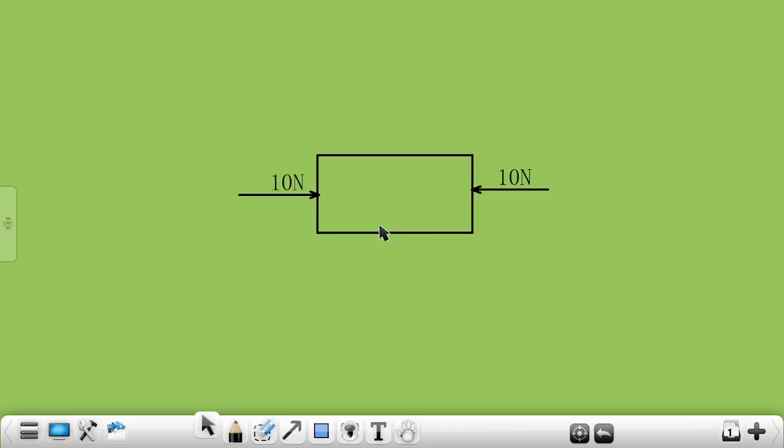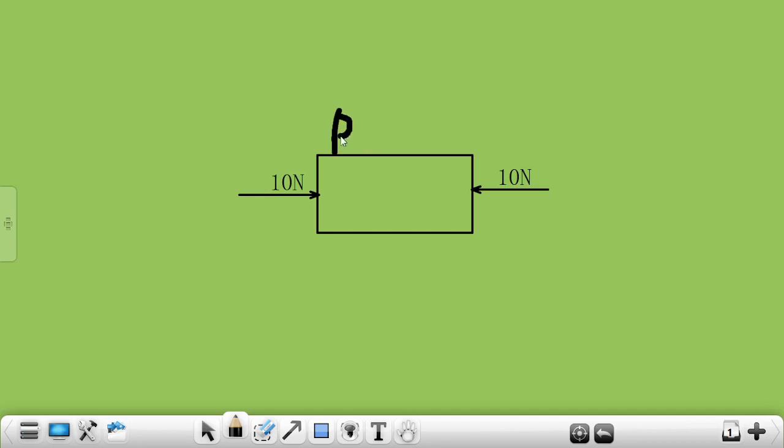Let's talk about balanced and unbalanced forces. First off, we have two forces acting in the opposite directions. However, you'll notice that they are the same amount.